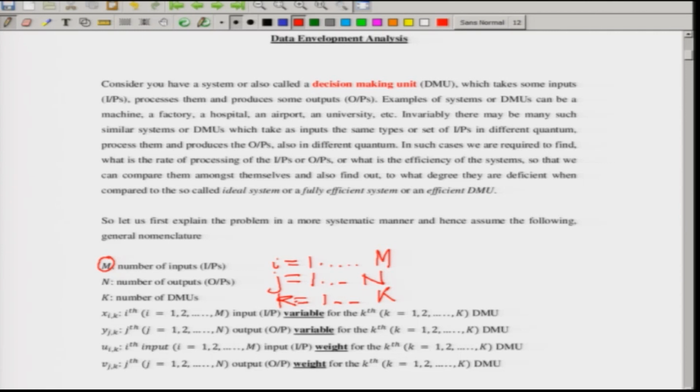Again, you will have u11, u12, u13, so on and so forth, where the first number denotes the input number and the second number, 1, 2, 3, 4, 5, as per this nomenclature denotes the DMU. It can also be reversed, where the first number 1 denotes the DMU and the second number 1, 2, 3, 4, so on and so forth denotes the input. So, obviously, you can make that differentiation accordingly.